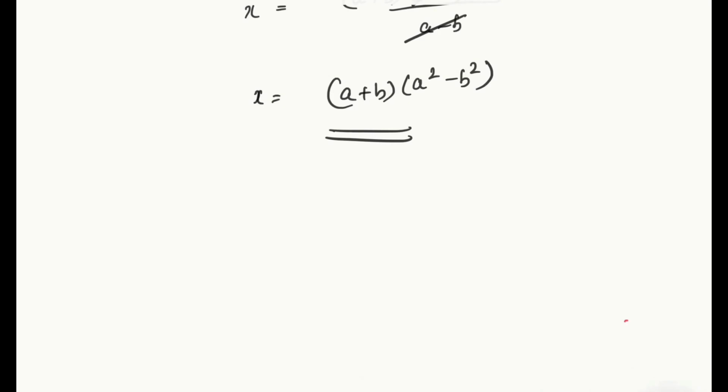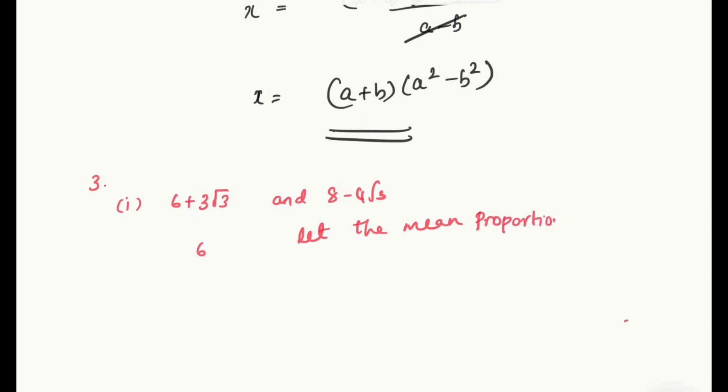Now coming to the third main, find the mean proportional between. Third main, first sub question: find the mean proportional between 6 plus 3 root 3 and 8 minus 4 root 3. So let me take the mean proportional to be x. 6 plus 3 root 3 is to x equals x is to 8 minus 4 root 3. Is it clear?